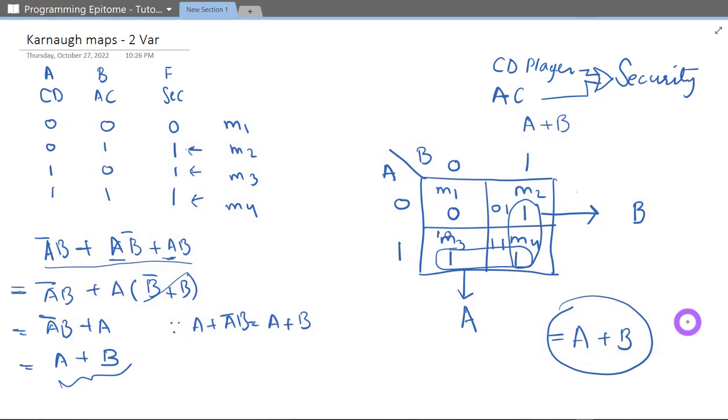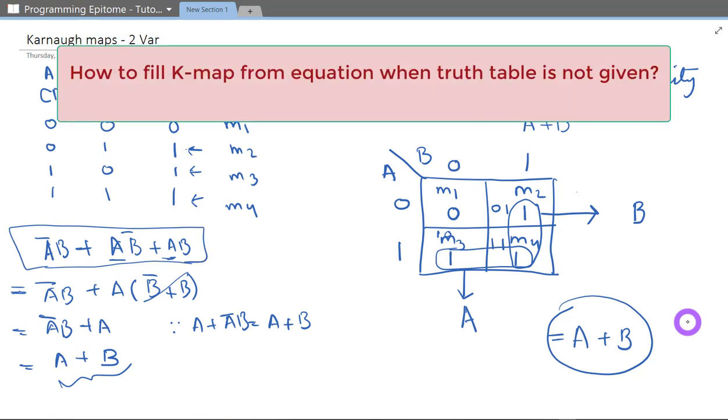One last thing, if you're not provided with this truth table and just this equation is given in your exam and you are asked to solve this equation and get the simplified version through K-map, what you will do is write all the terms of this equation in this K-map. For example, I have written A dash B, right?